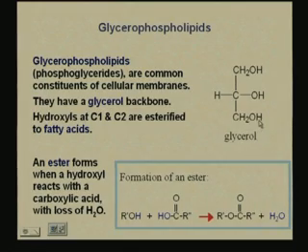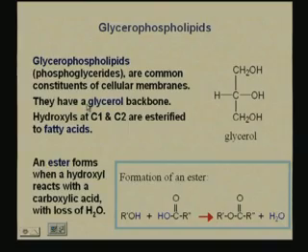That means that these H's, if they react with fatty acids, can be esterified, and I can have to this glycerol a long chain attached to either this hydrogen or this hydrogen or this hydrogen. Usually, there are two fatty acids attached to it, which is why I had two lines sticking out from the polar head group. So, we have the hydroxyls at C1 and C2 that are esterified with the fatty acids.